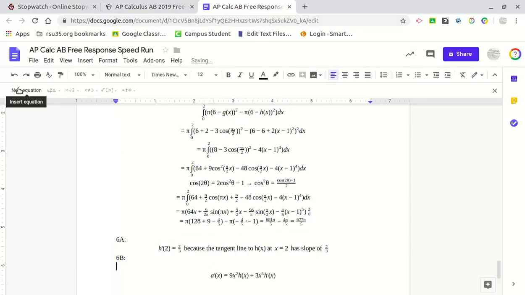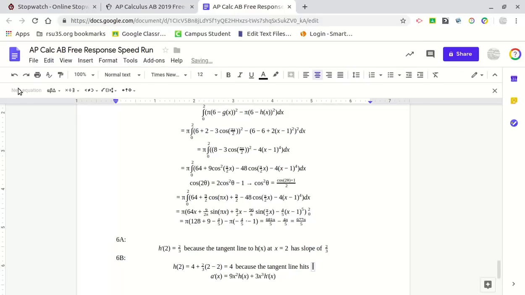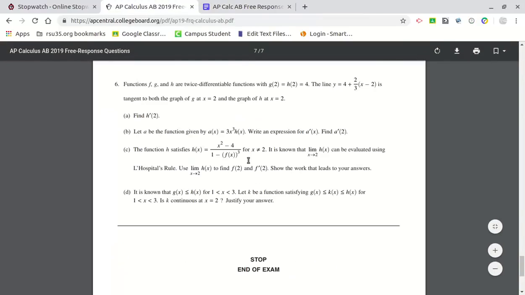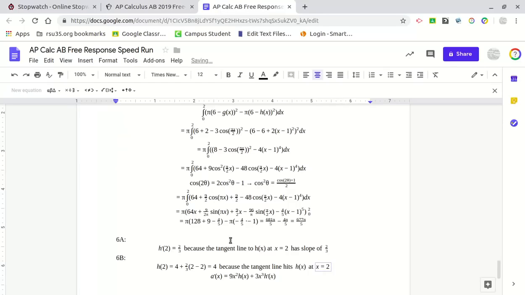First I should note h of 2 is 4, because the tangent line hits h of x at x equals 2. Hopefully that makes sense. Basically, the tangent line has the same value as h of x at x equals 2, because that's how tangent lines work. So h of 2 is 4, and h prime of 2 is 2/3.